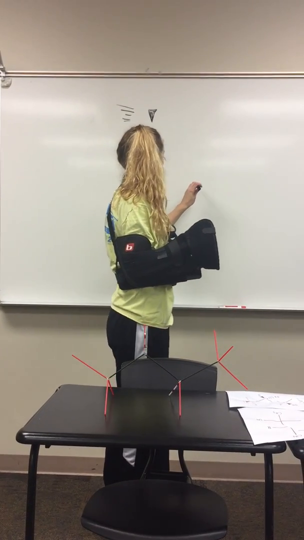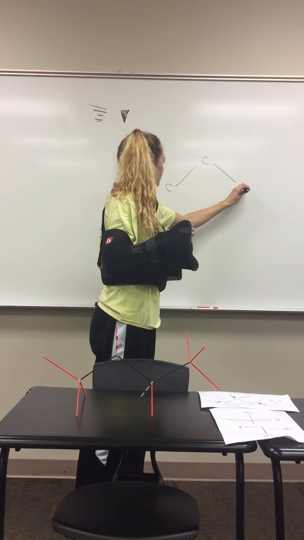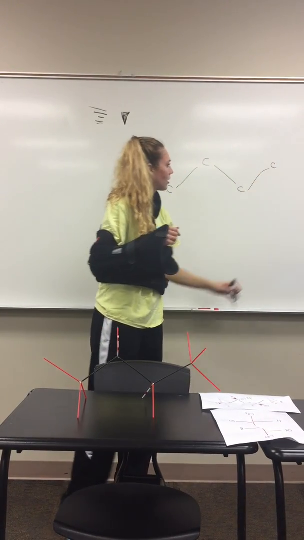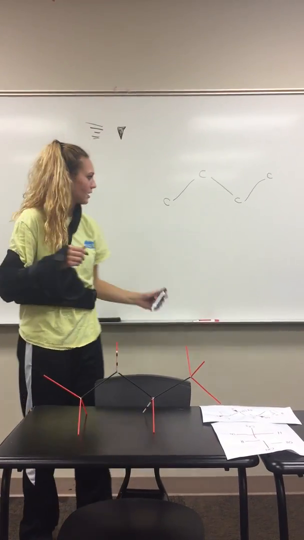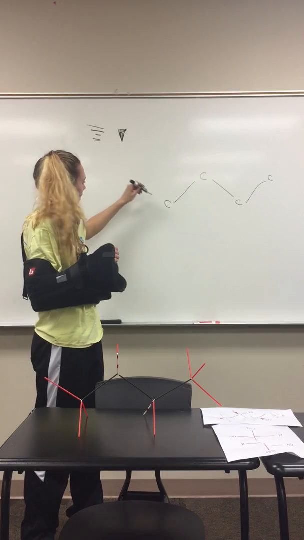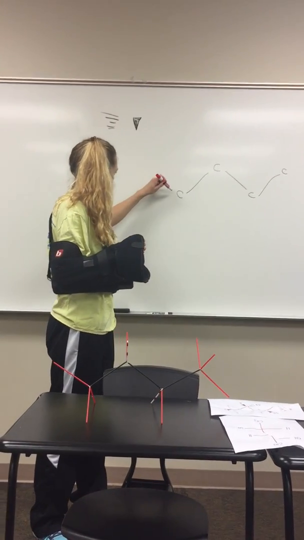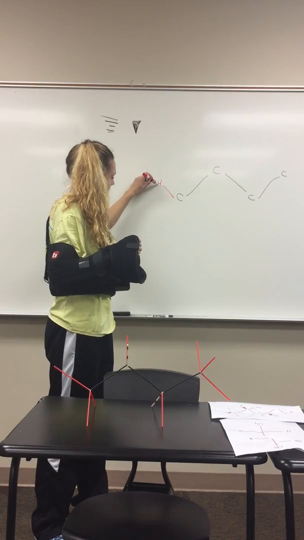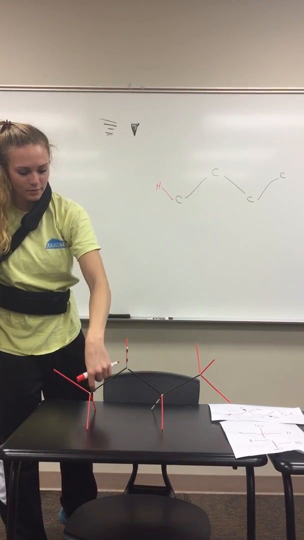So we have four carbons. So this carbon number 1 over here has 3 hydrogens attached to it. There's 1 hydrogen that's in the plane, one hydrogen that's coming towards you, and 1 hydrogen that's coming back.